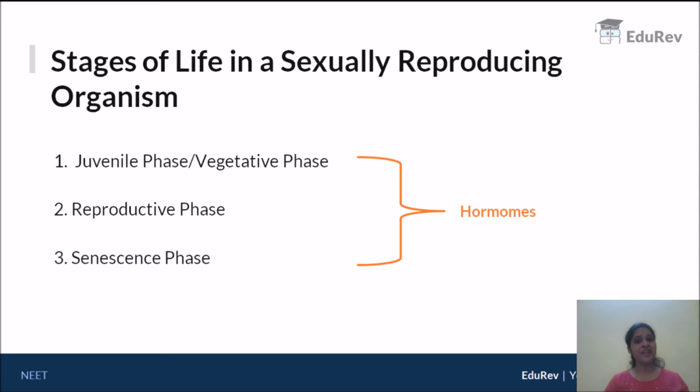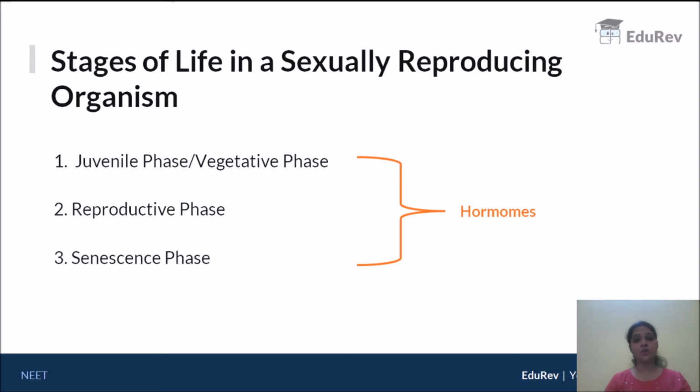So in childhood, the juvenile phase, there is no testosterone. But the moment he starts producing testosterone, that means the testes start becoming functional, you will say that he has entered the reproductive phase. So the testosterone hormone defines the transition between the juvenile and reproductive phase. So the transition between all three stages depends upon hormones.